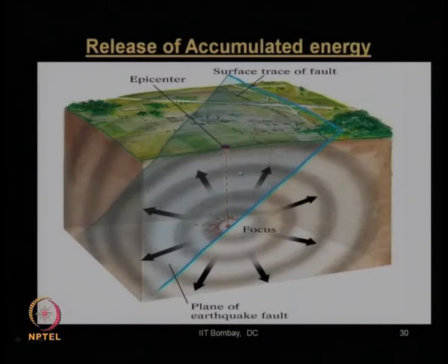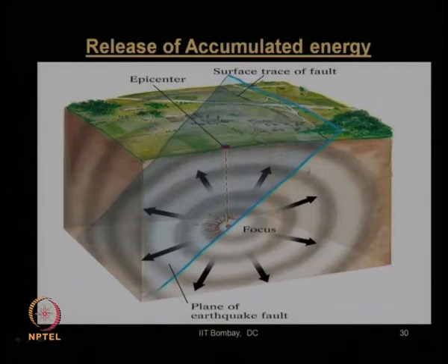So, this picture shows how the release of accumulated energy can occur from the focus of the earthquake, or hypocenter. At this point the earthquake energy gets released and the waves travel in all directions.